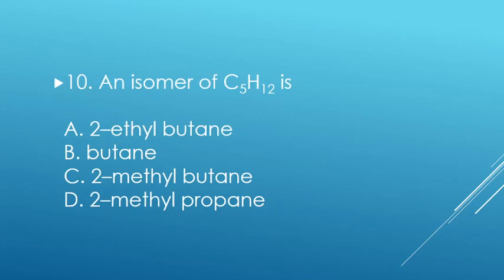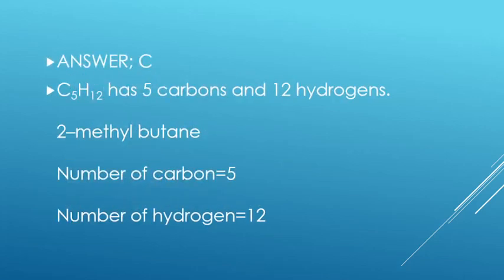Question number 10. An isomer of C5H12 is A. 2-ethylbutane, B. Butane, C. 2-methylbutane, D. 2-methylpropane. The answer is C, which is 2-methylbutane.